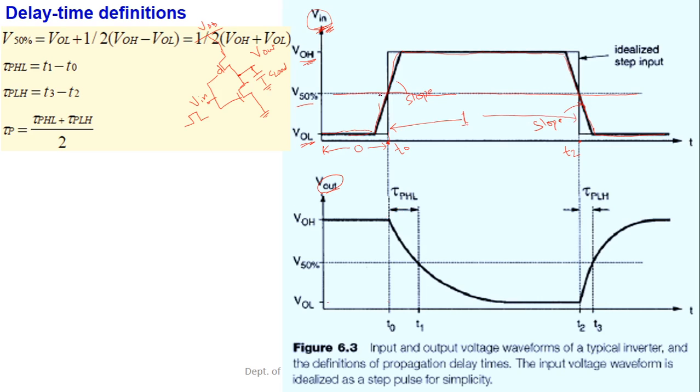Below the 50% level it's 0, and above the 50% level it's 1, it's high. So till t naught the input is 0, so the output will be high, plotted here till t naught.